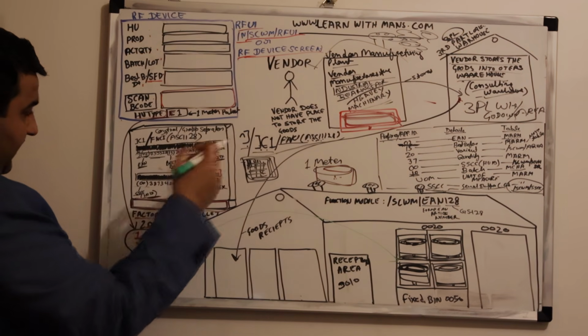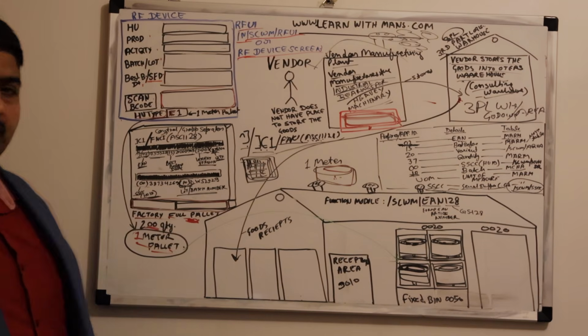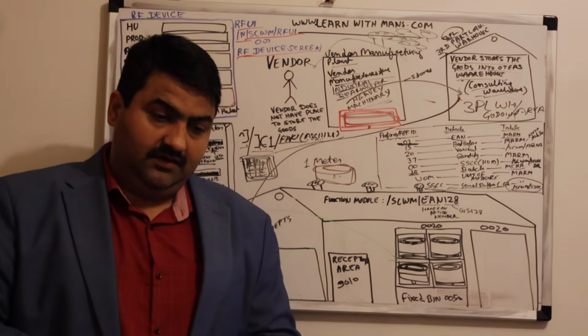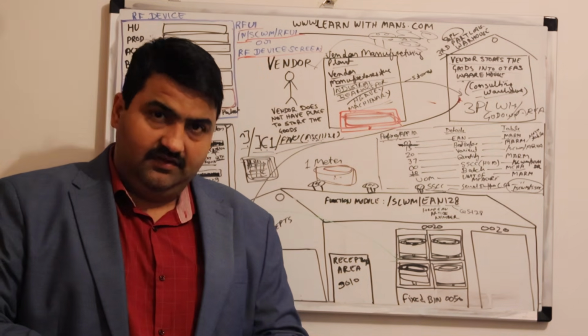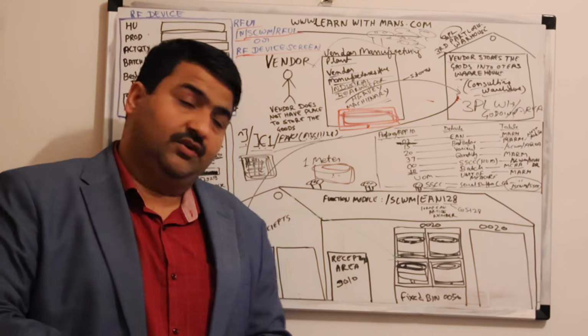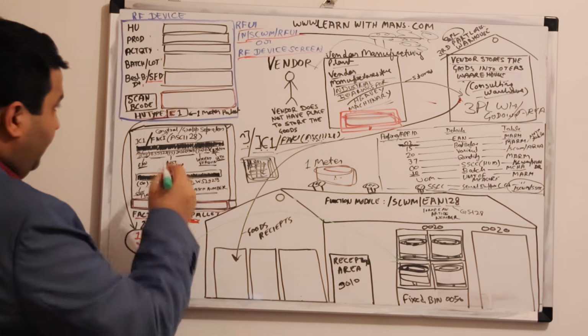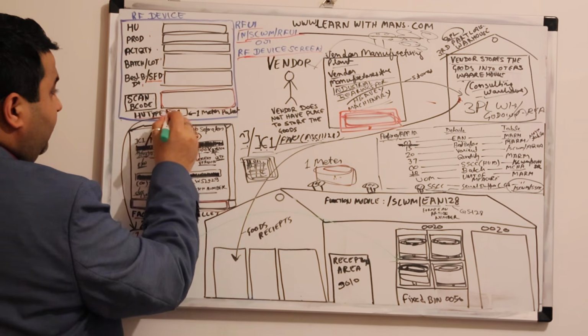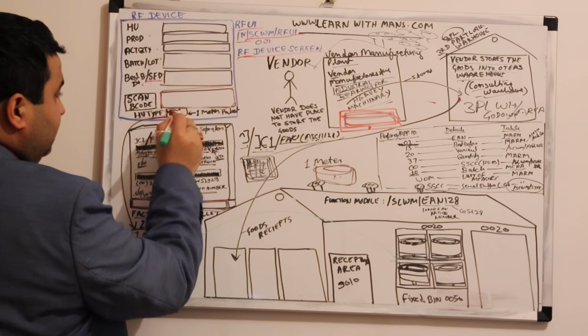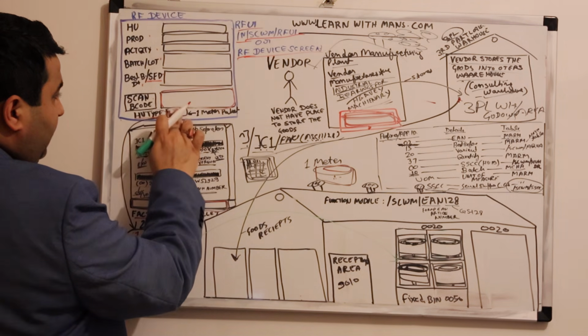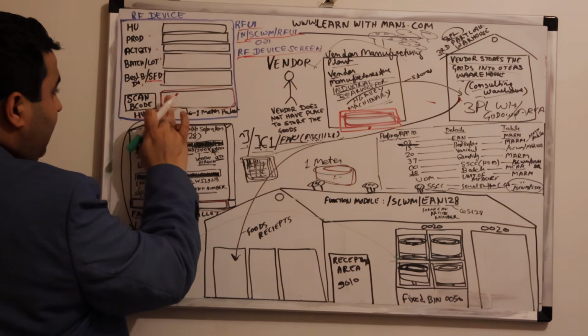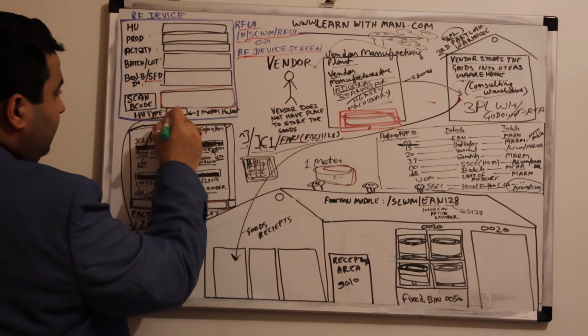If we are receiving, for example, 2 meter, 3 meter, 4 meter, or 6 meter handling units, it depends. Then based on that we put the number on the RF screen, E1, E2. Because we are receiving 1 meter, I am putting only E1 here.